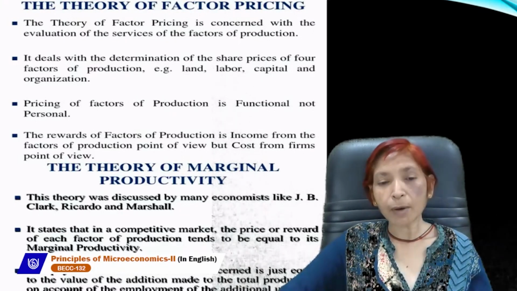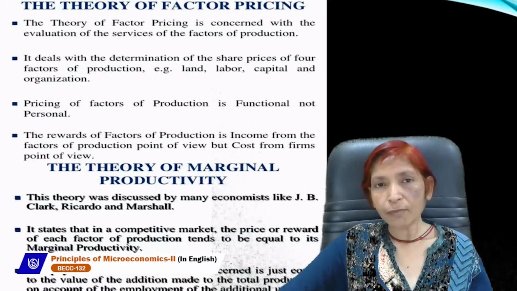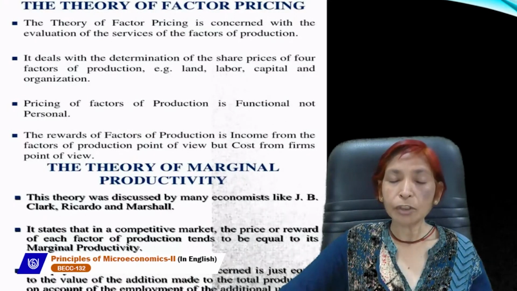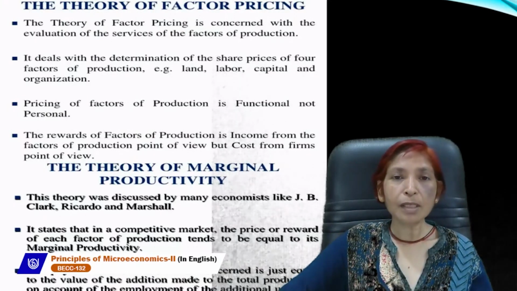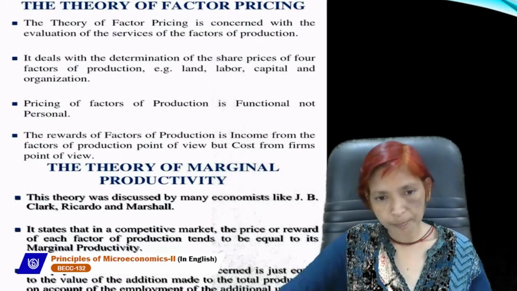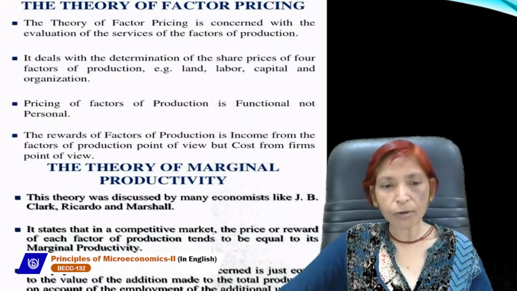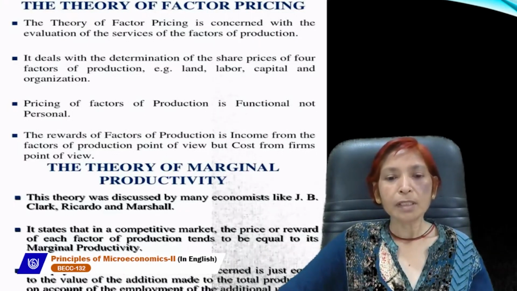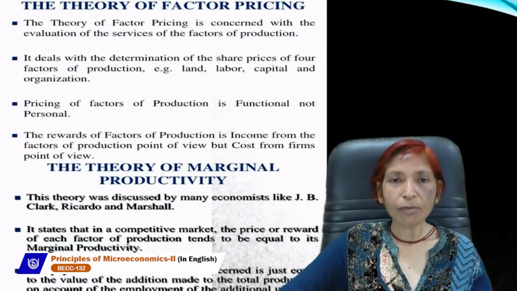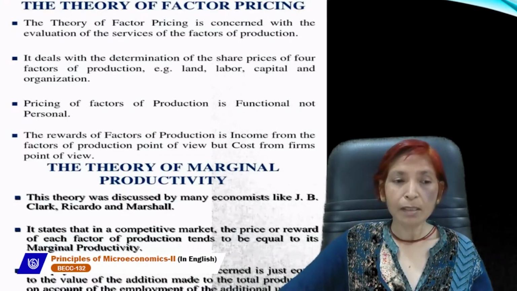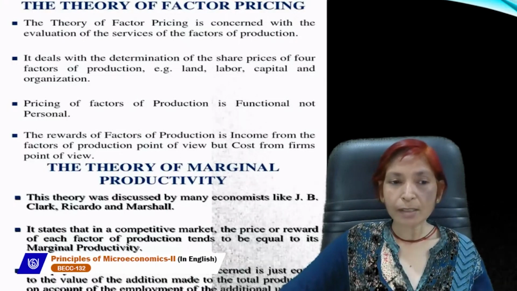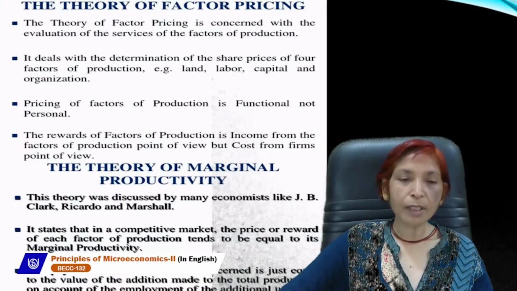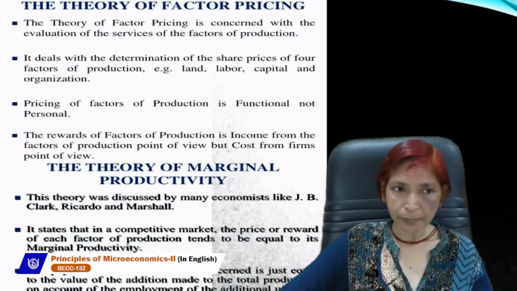But from the point of view of the firms, the firm has to pay this income to the factors of production, so this is considered cost. So according to the firm's point of view, rent, wages, interest, and profit are the cost of factors of production. But from the point of view of the factor owner, this reward is the income of the factors of production.